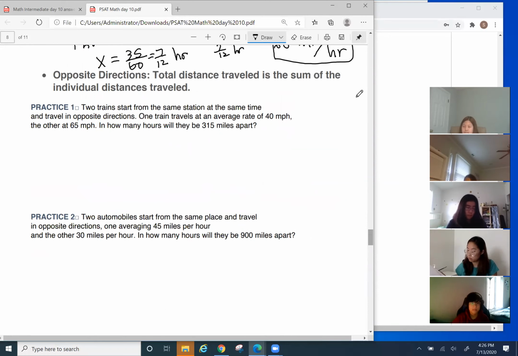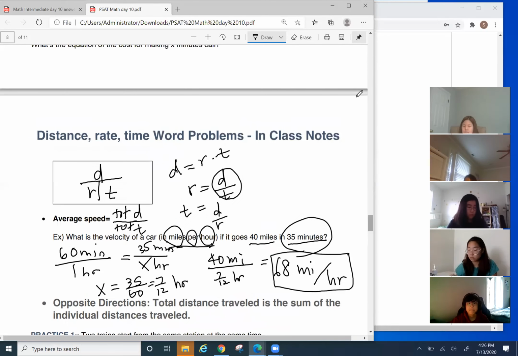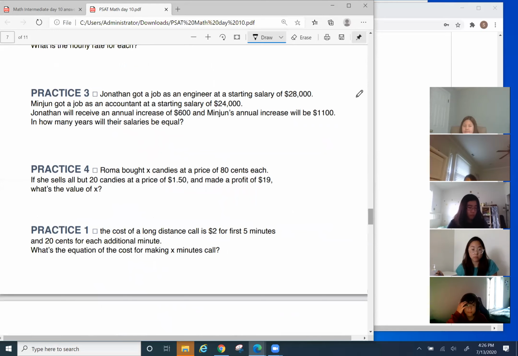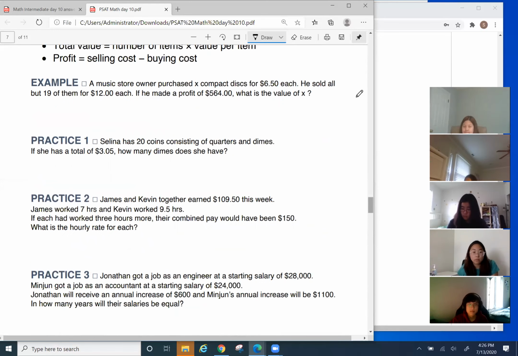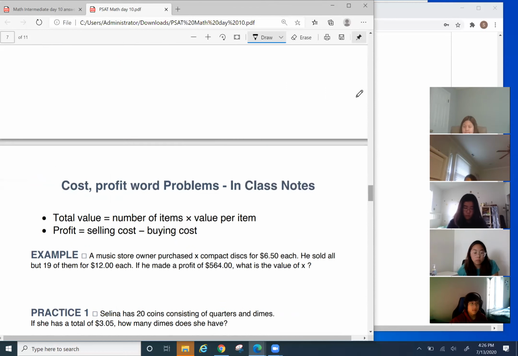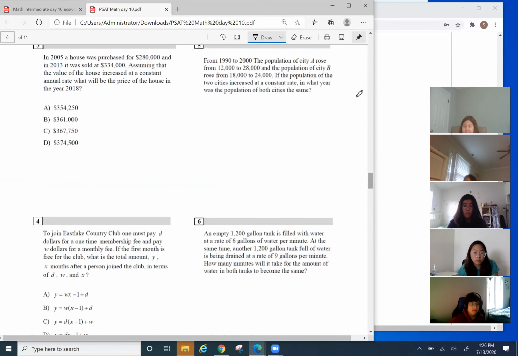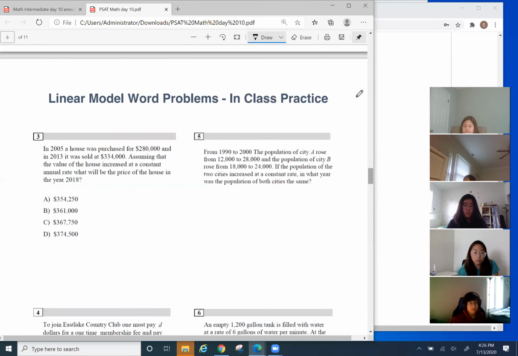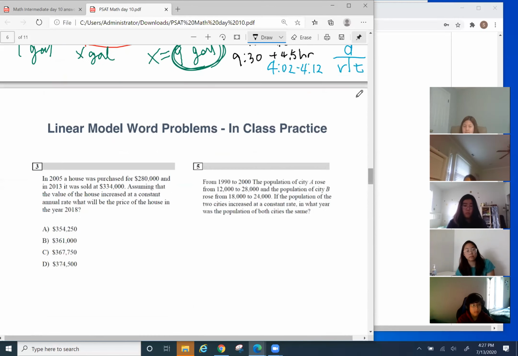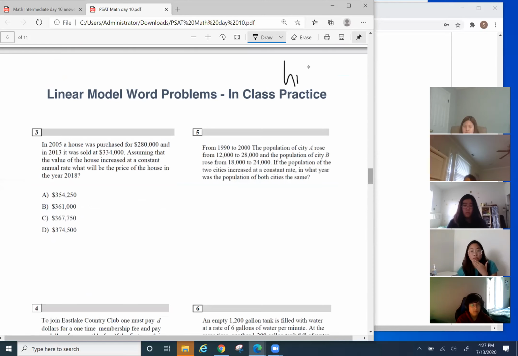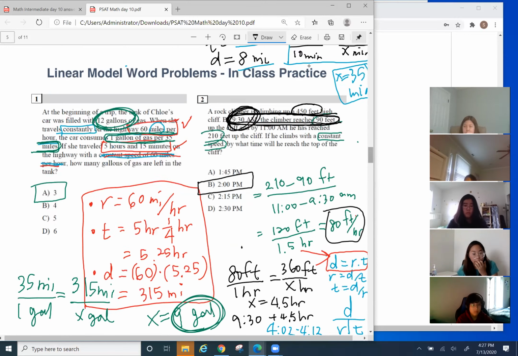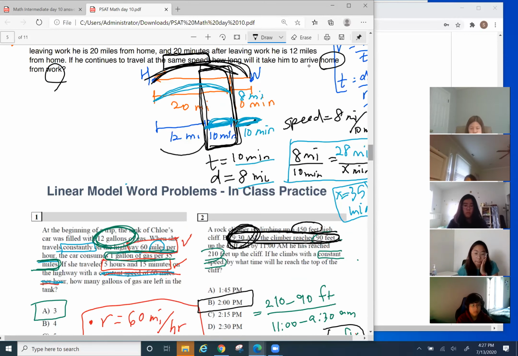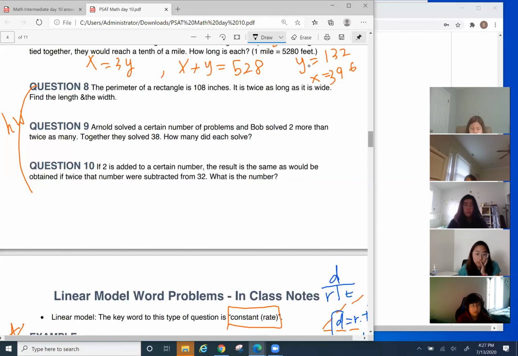Word problems could be a little bit hard. So for homework, you guys are doing this page for homework. And this one as well.